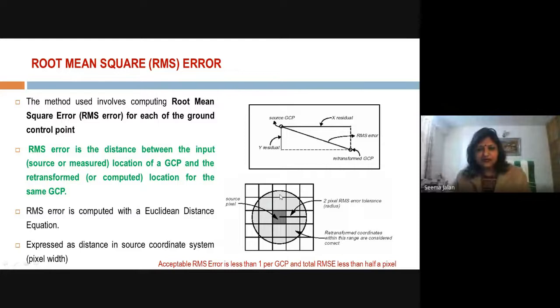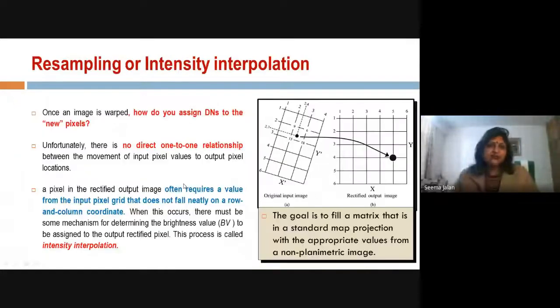There will be a shift in my data. So that is what I have to aim at. You get the RMSE for each control point, and also an overall RMSE for the whole equation. Your overall RMSE should never be more than 0.5, and your per-GCP RMSE should always be less than 1. That is the accuracy you have to aim at.